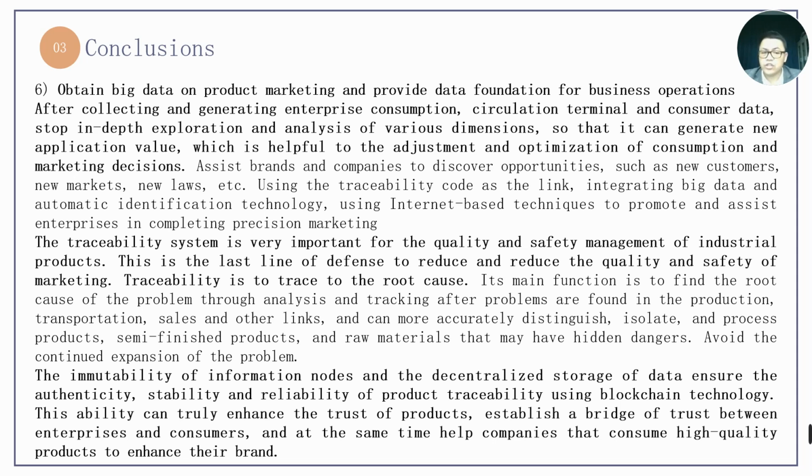Traceability using blockchain technology can truly enhance the trust of products, establish a bridge of trust between enterprises and consumers, and at the same time help companies that produce high-quality products to enhance their brand.